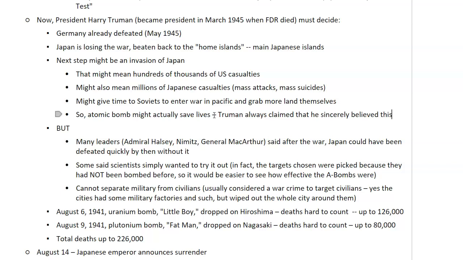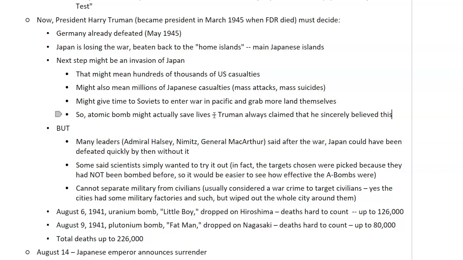On August 6, 1945, we dropped the first of them. The Little Boy was the code name of it, the uranium bomb dropped on Hiroshima. The deaths are hard to count. It's difficult and controversial. I won't even go into that. But basically, as many as 126,000 people wiped out by that bomb.